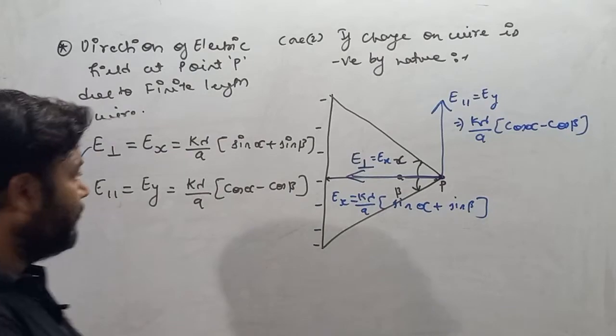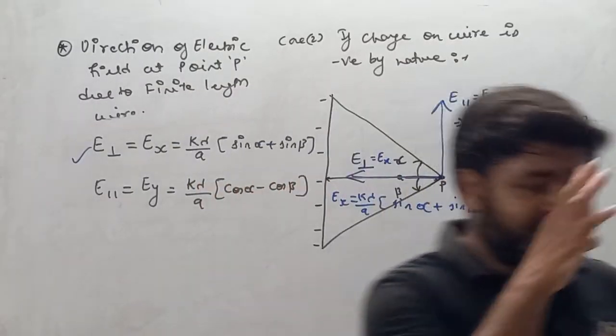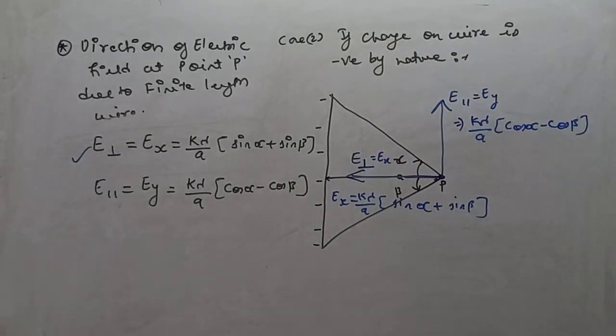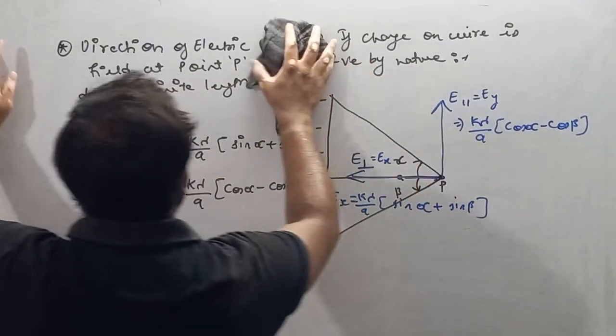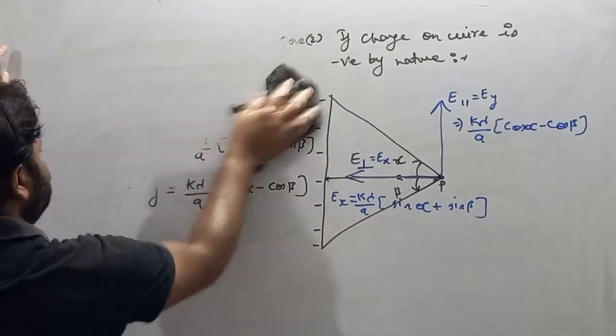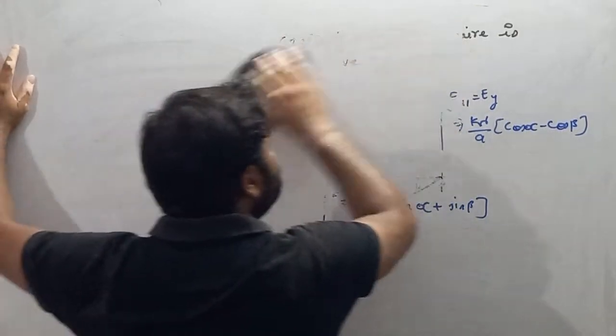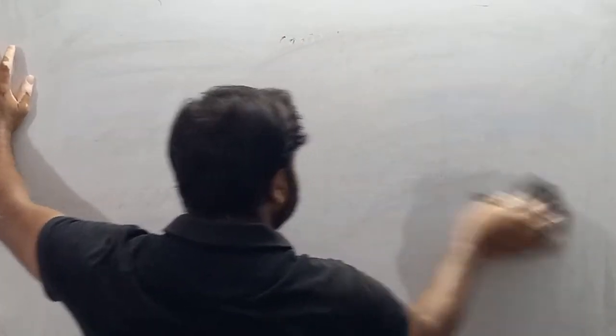I hope you all understand what is the direction of electric field if charge is positive and what is the direction of electric field if charge is negative. Now moving forward, write down electric field due to infinite length wire.